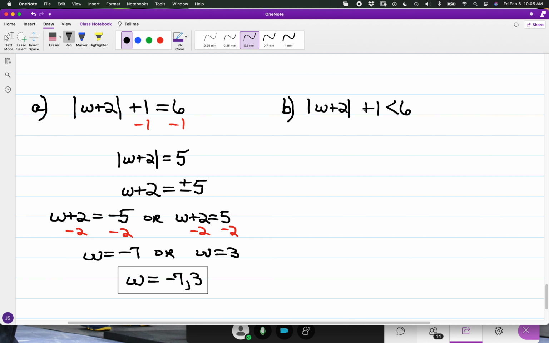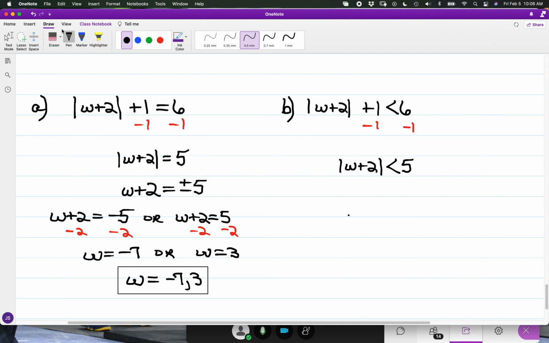And in this particular case, if I isolate the absolute value of w plus 2 and I take away 1, we're going to have that the absolute value of w plus 2 is less than 5.